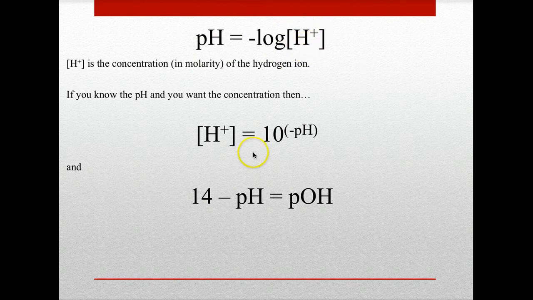And we can rearrange it and substitute in OH here as well. So the OH concentration is equal to 10 to the negative pOH. Now, please use your negative here. It's the negative to the power of the negative pH or pOH. I had some students that were forgetting this negative sign here and getting wrong answers.